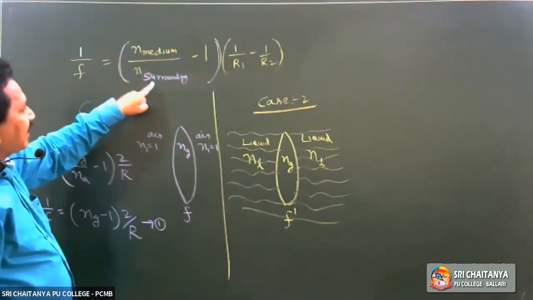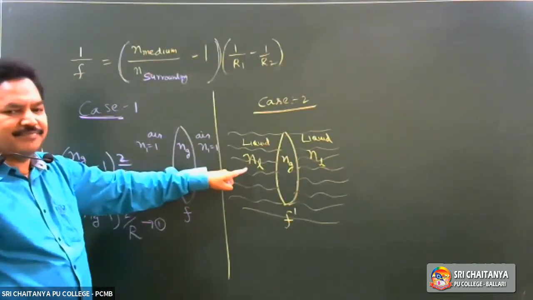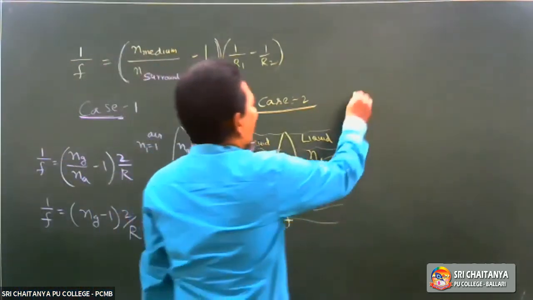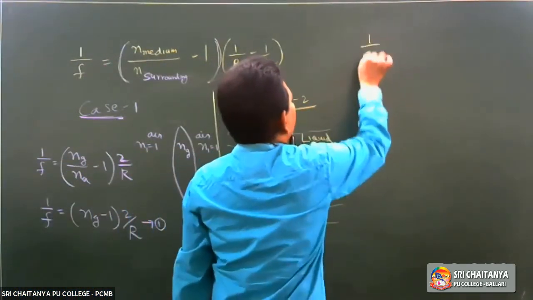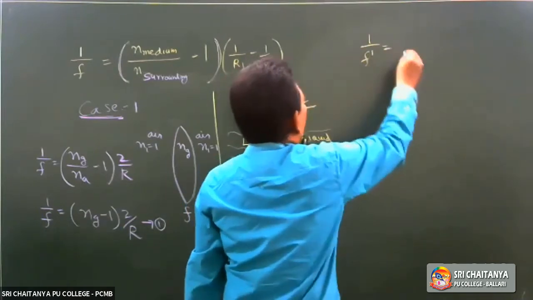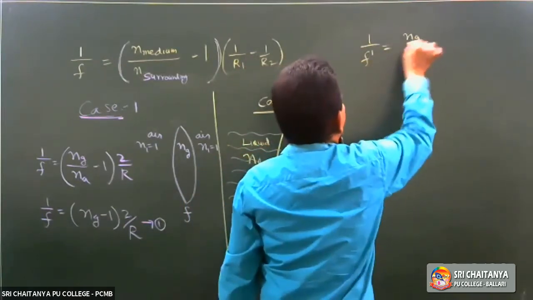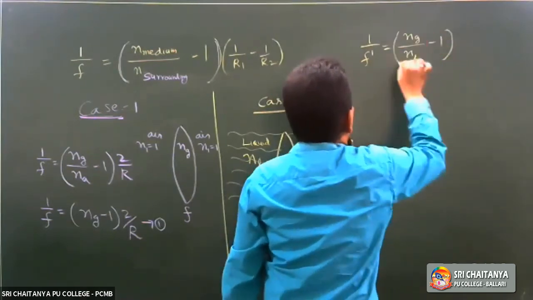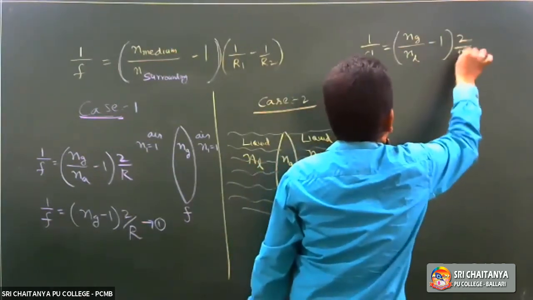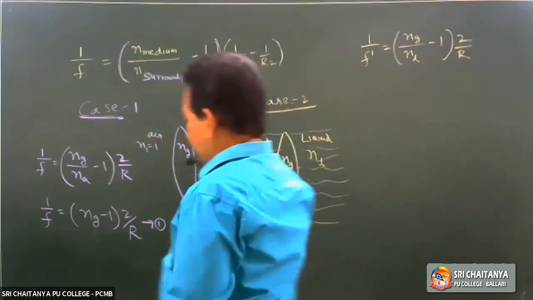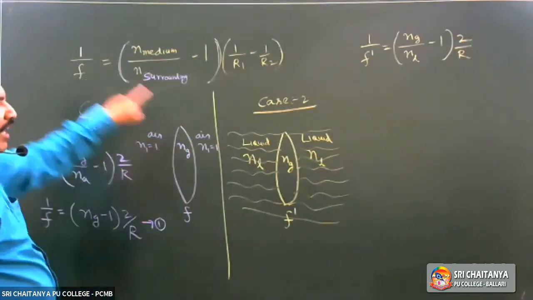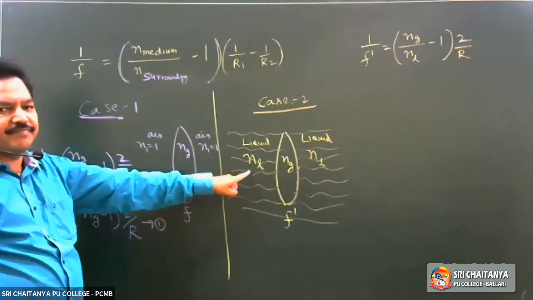Refractive index of the surrounding medium? Nl. Substitute. Therefore, 1 by f dash is equal to (Ng by Nl minus 1) into 2 by r.